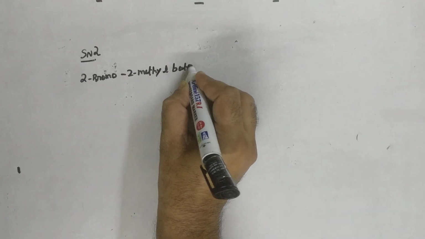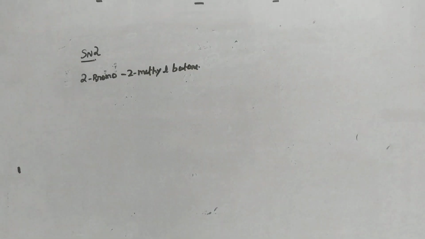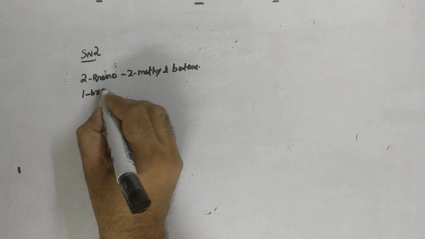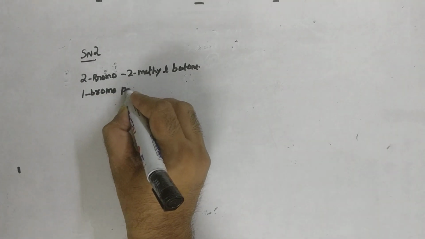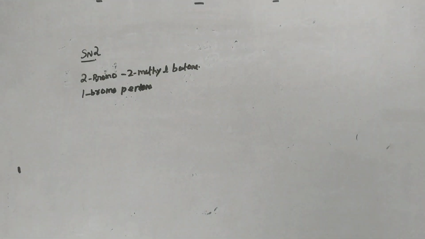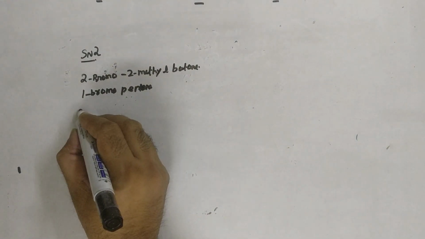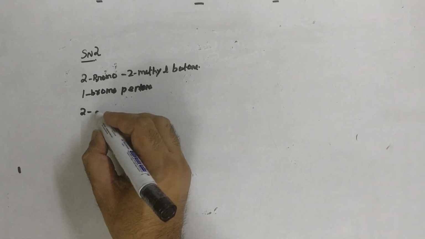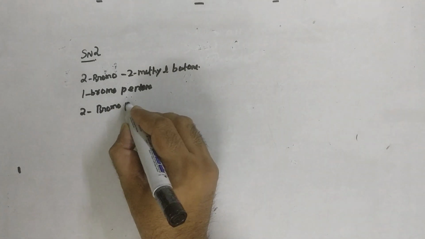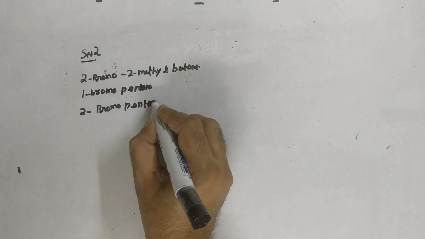Only thing is that in this case we have to draw the structure also. Not a problem. Then we have 1-bromopentane. This is going to test two skills: to draw the structure and then to apply the concept. Then it is 2-bromopentane. So let's compare the reactivity towards the SN2 mechanism.